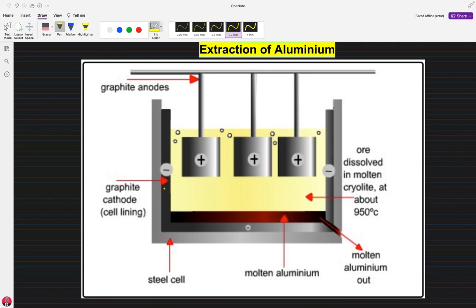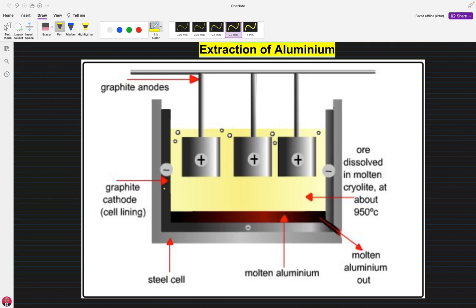The third point: aluminium oxide has a melting point of 2017 degrees Celsius, which will require a large amount of heat energy and will further increase the cost of production.